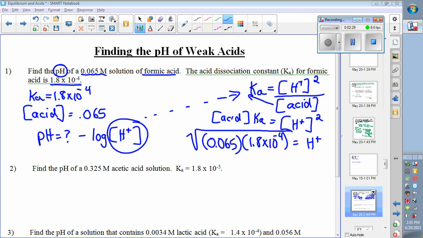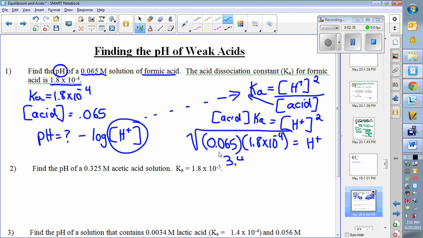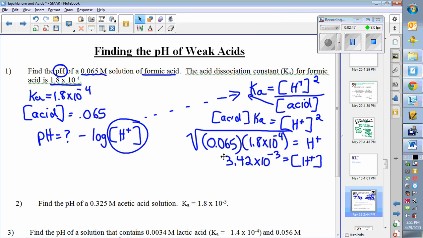When I plug all that into the calculator, it looks like you get 3.42 times 10 to the negative 3 as a hydrogen ion concentration. We aren't done the question at that point. We still need to calculate the pH.